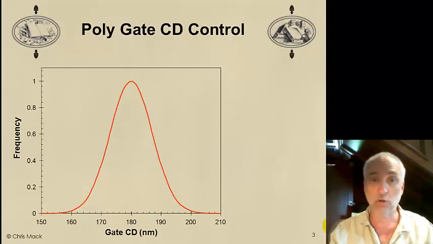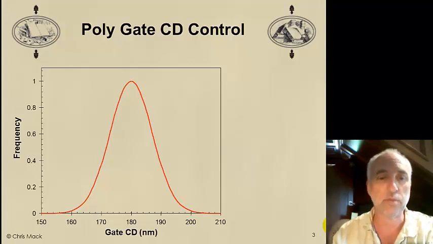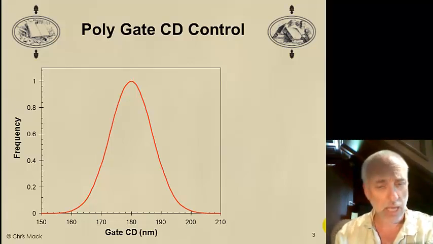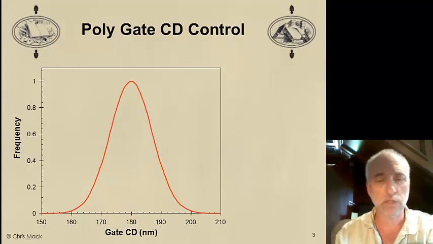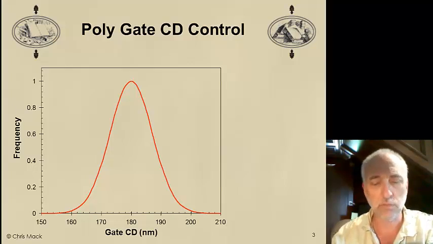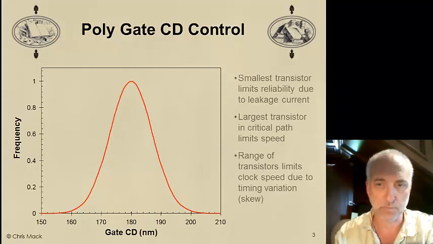So if we were to measure a whole bunch of them and put them in a frequency plot, we might find a Gaussian-like shape like this. And maybe we worry about the center and how it matches the design or the target CD, but we also worry about the spread. So we want to control the center, we want to control the spread, and it affects performance in three different ways.